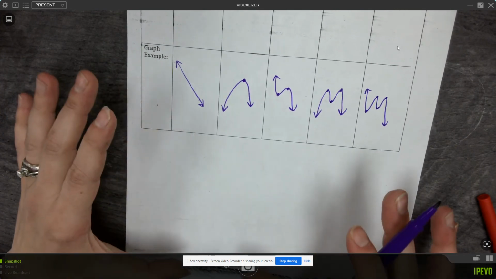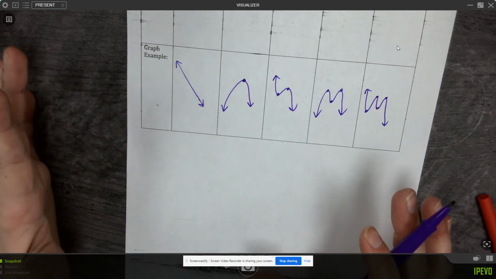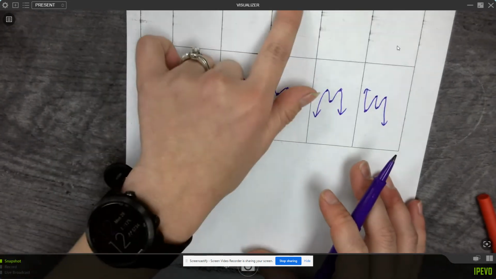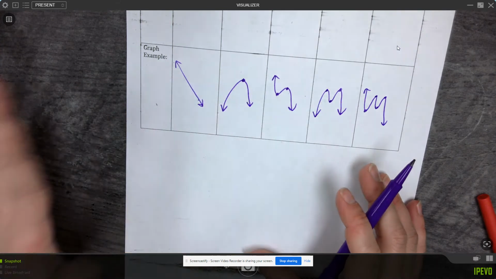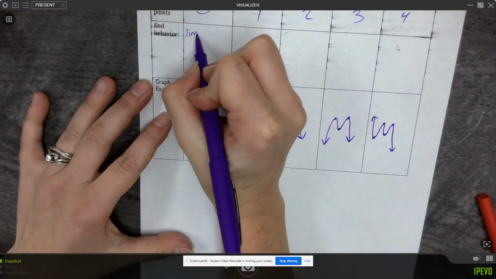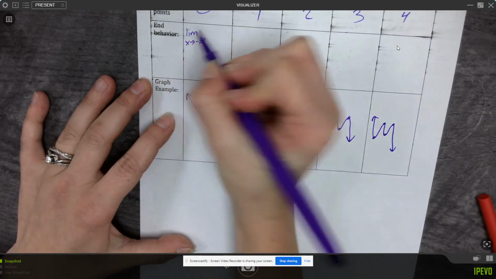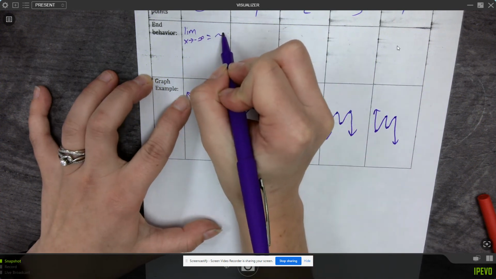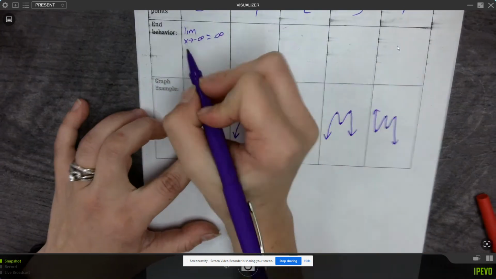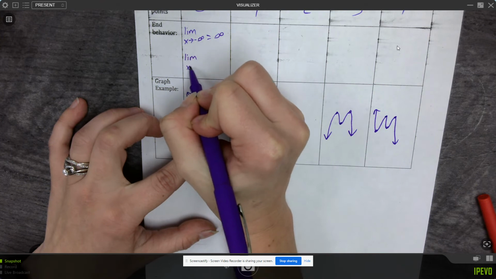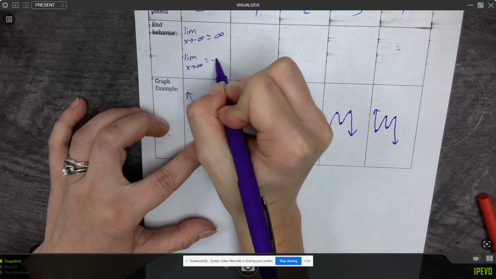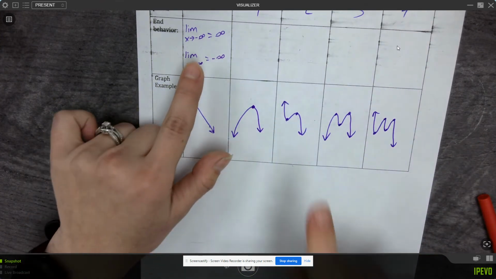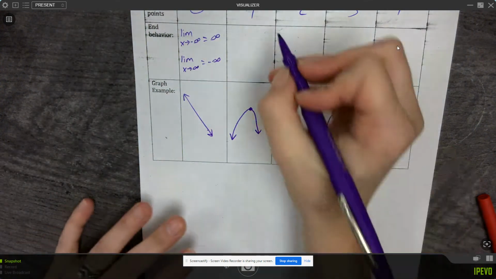So the end behavior, essentially, just like all switches, your linear, cubic, and quintic will all match. This time, as I look to the left, I'm rising, so I'm going to positive infinity. And as I look to the right, I'm lowering, going to negative infinity. 1, 3, and 5 all match, right?